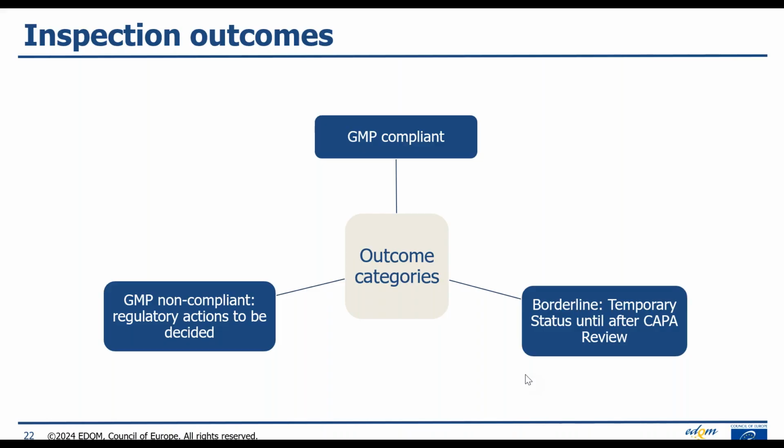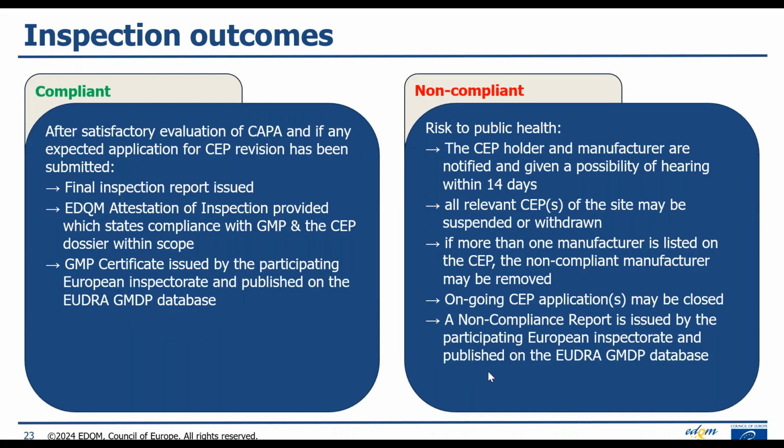However, if it's not really possible to implement an effective CAPA, or if there's no real strong commitment from the site to address the issues, then the final outcome would be decided as GMP non-compliant, and subsequent regulatory actions will be taken. So just to give some further information then on the compliant and non-compliant outcomes.